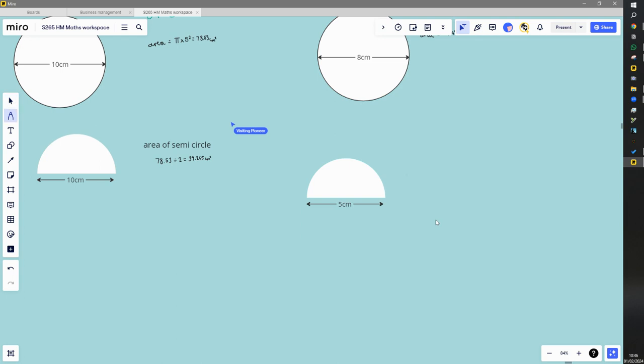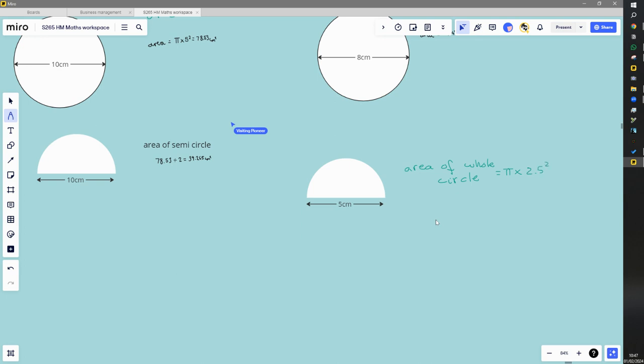So the area of the whole circle is going to be pi times, not 5 squared, but half of 5, 2.5 squared.